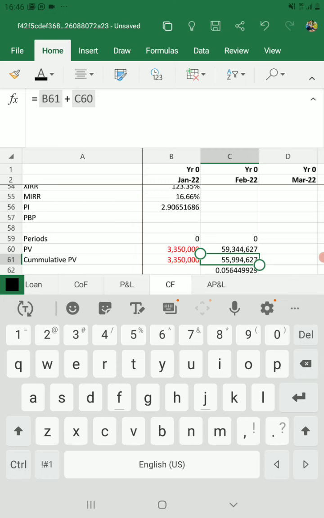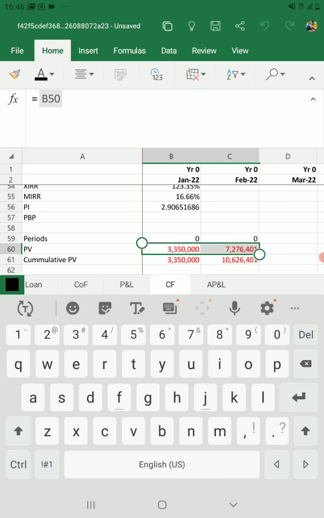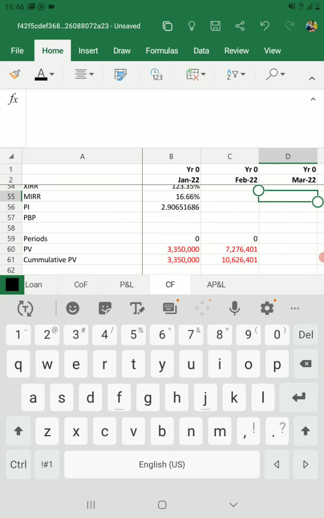So these formulas are okay. What I can do now is simply this one, PV. I have already put a formula here. Let me fill this here also for PV. So the rest are okay.